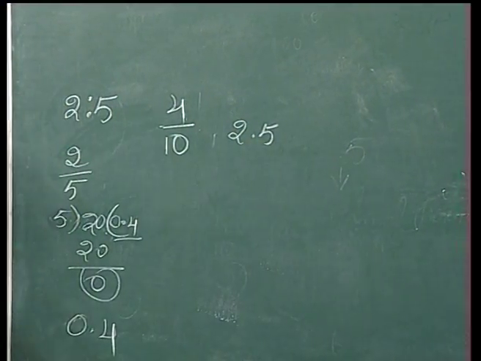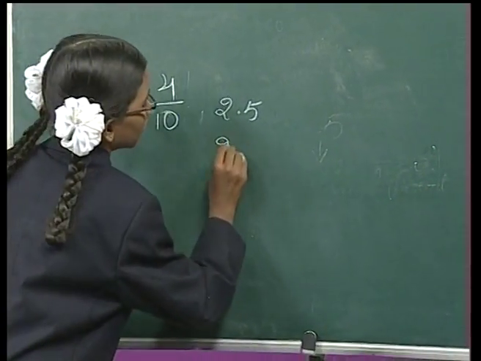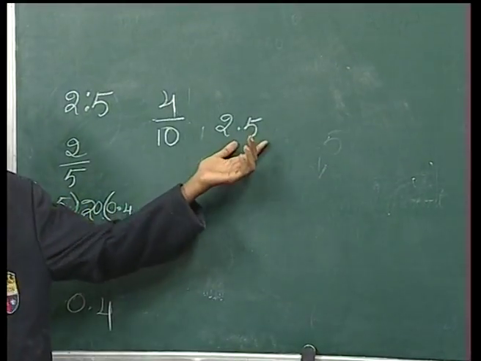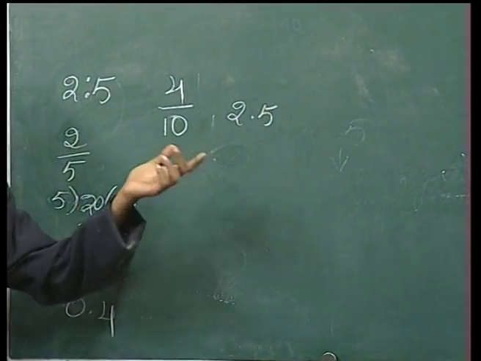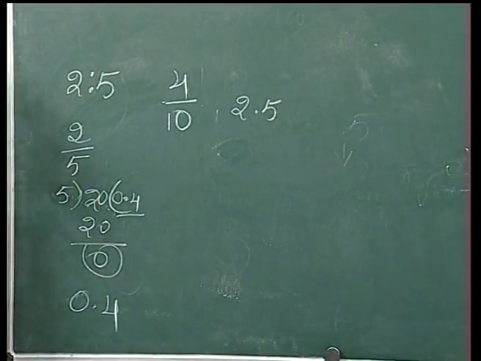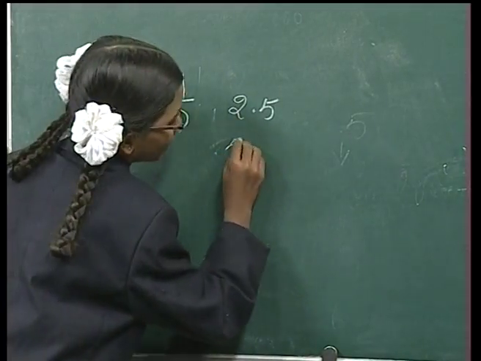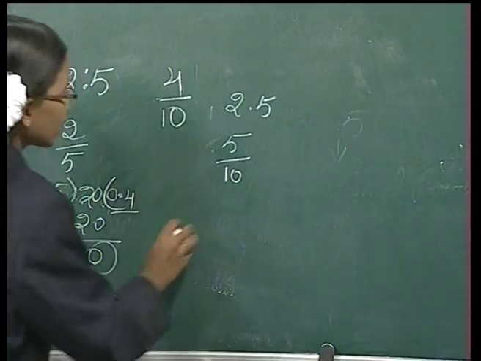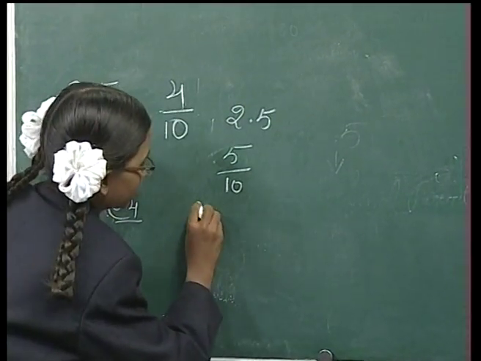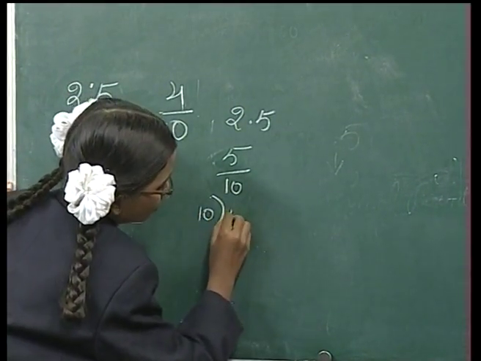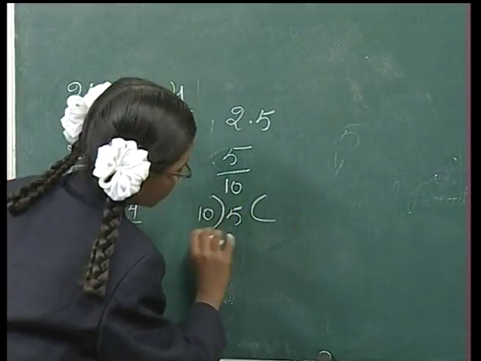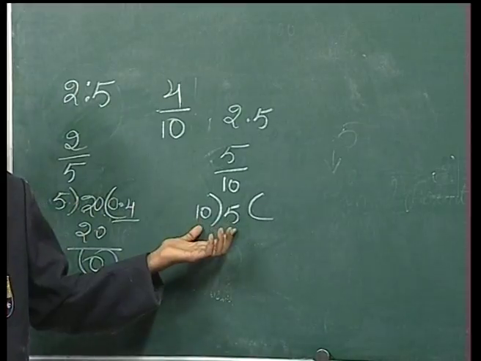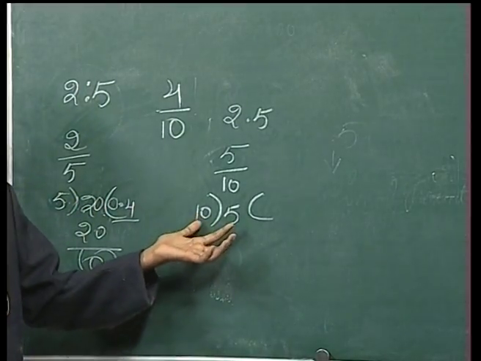First we convert into fraction. Friends, after the decimal point how many numbers are there? Yes, 1 number. Then the number is reduced by 10. So, we can write it as 25/10. Now, divide 10 with 5. Friends, now we can't divide 10 with 5 directly.